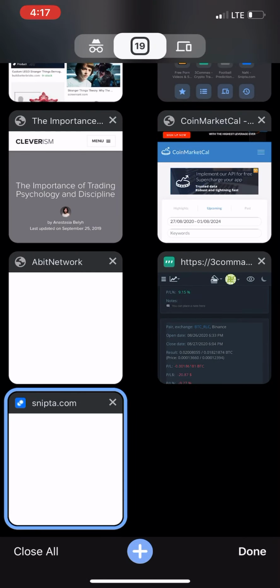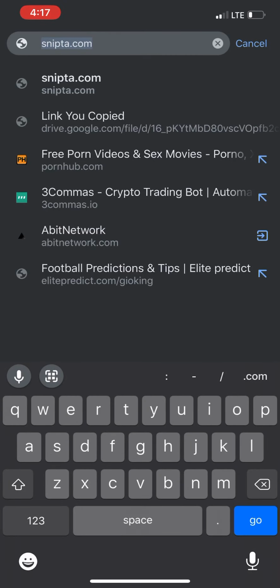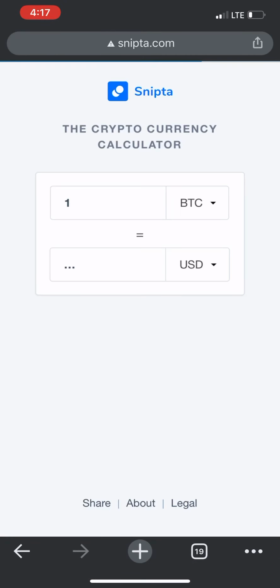Why is it taking so long? Okay, now it's open. So this is the cryptocurrency calculator.